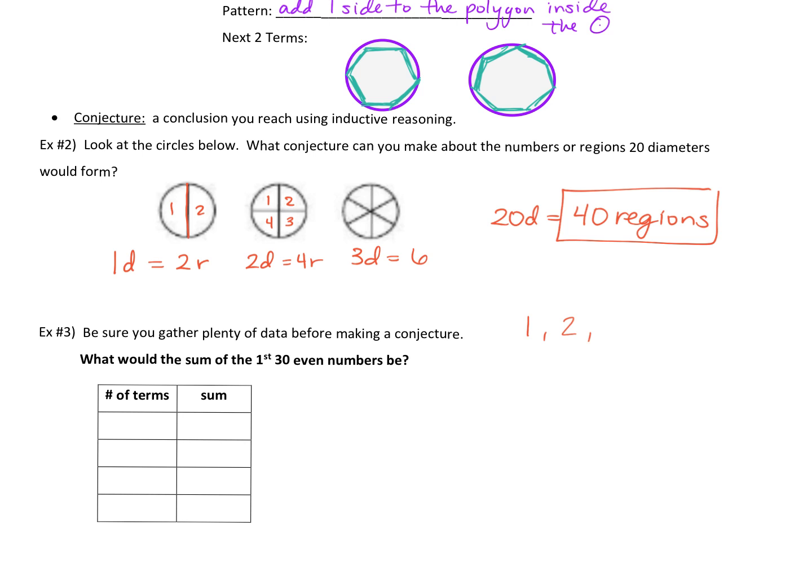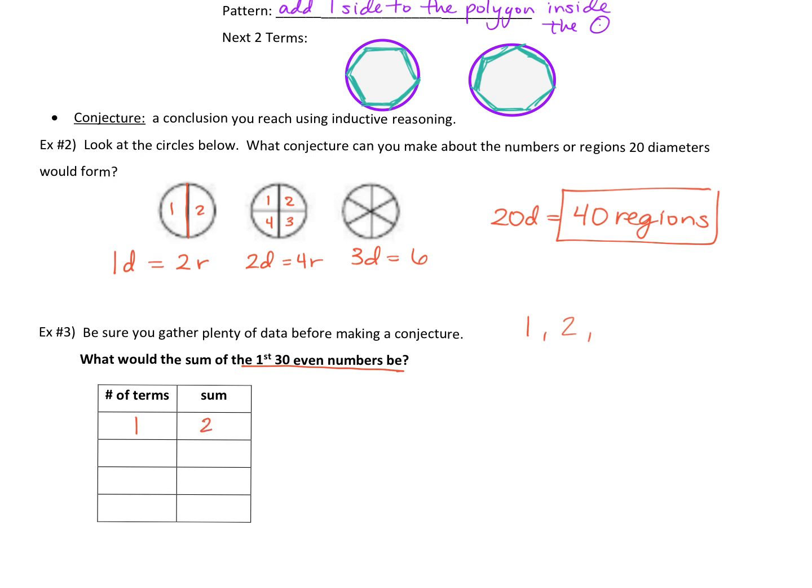So if you look here, it says, what would the sum of the first 30 even numbers be? Okay, so first we're going to gather some data. If we said the sum of the first even number, so 1 term, what would the sum be? No, just 1, the very first even number. 2, right? You would get a 2 there.